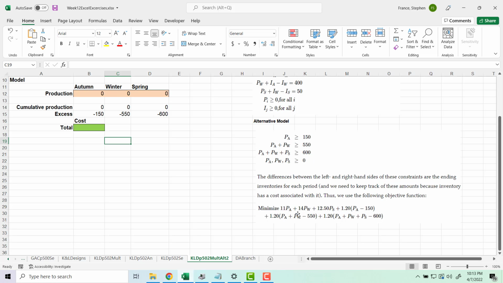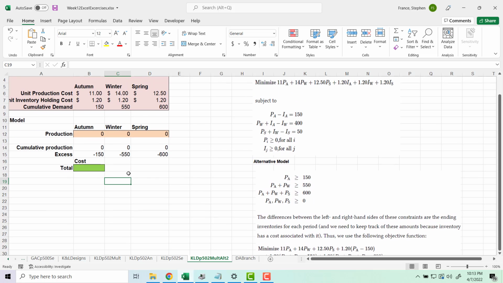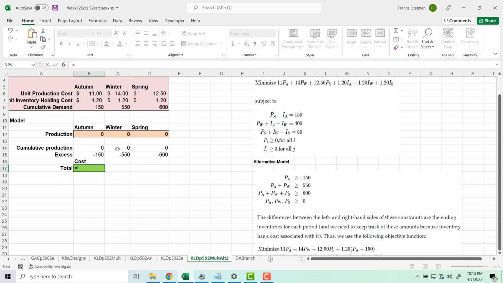And I just mentioned the objective function. This time we're actually going to need two sum products because we're not all in the same matrix. So this would just be the amount we produce times the production cost.